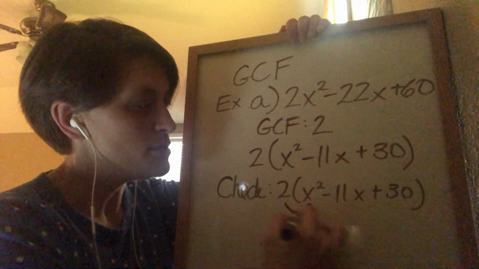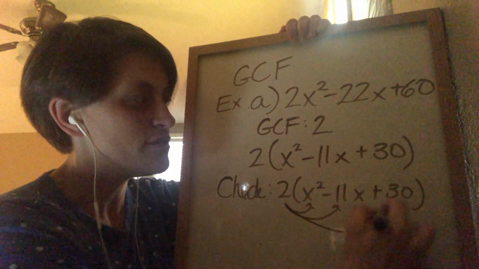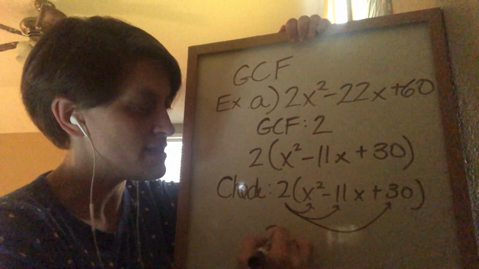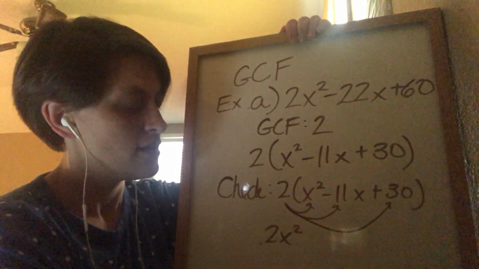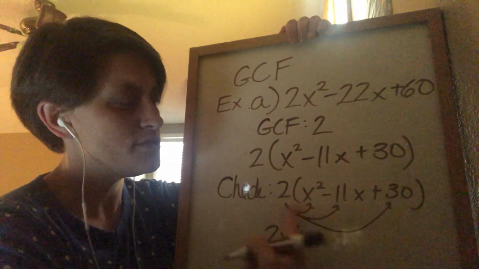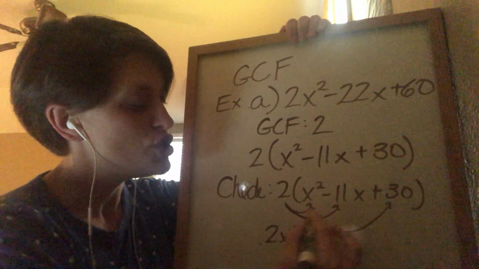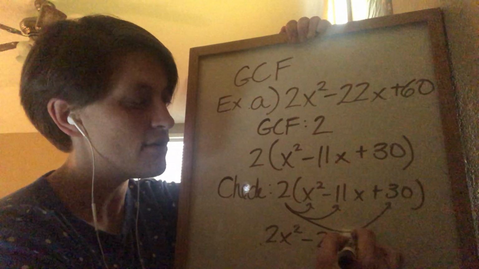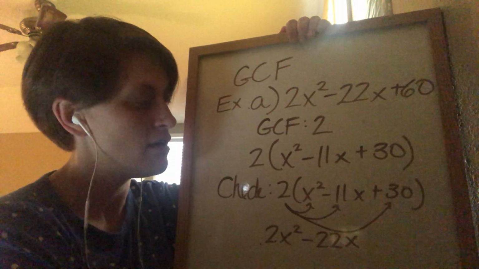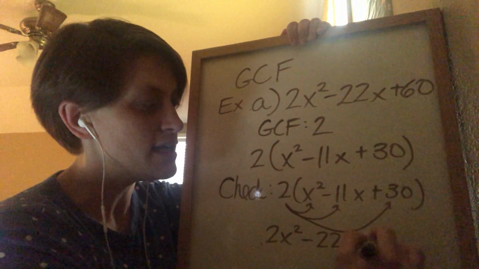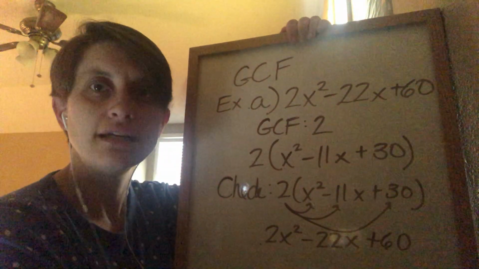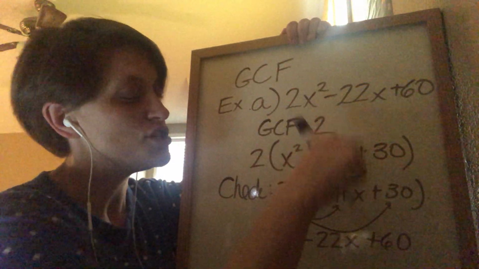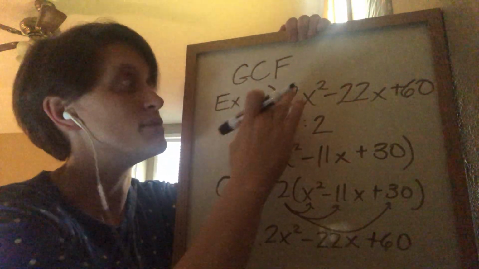So we should be able to distribute this factor of 2 through that set of parentheses. And sure enough, 2 times x squared is 2x squared. 2 times minus 11x, remember we can put the numbers together and the variables stay like they are. And then 2 times 30 is 60. And we check and make sure, and that is the first thing we started with.